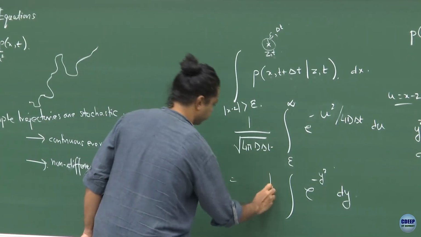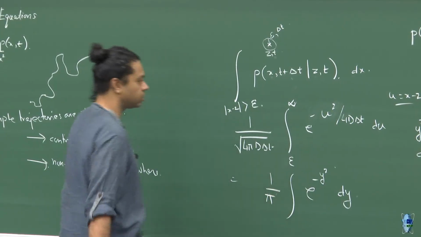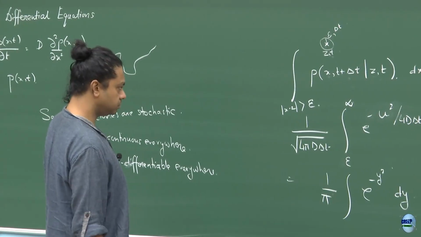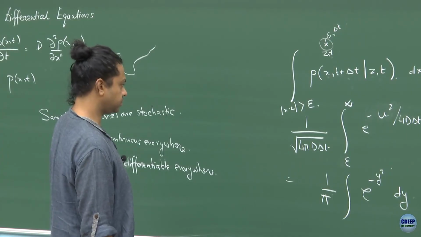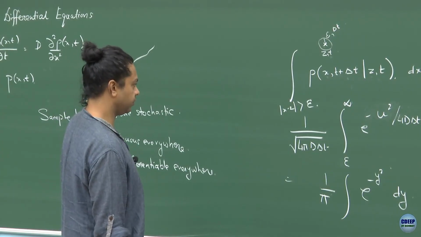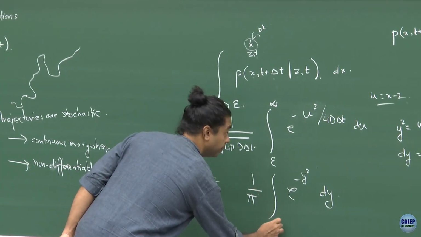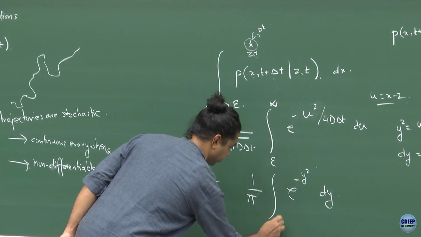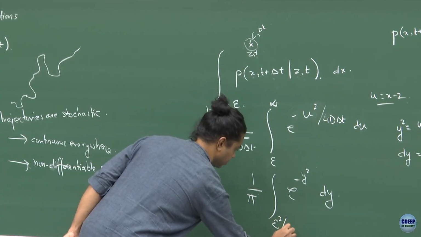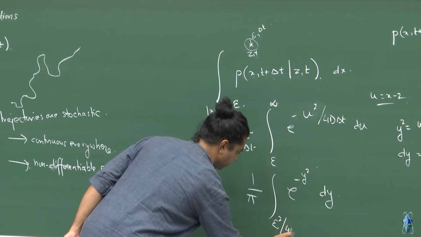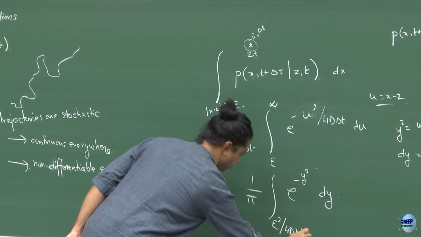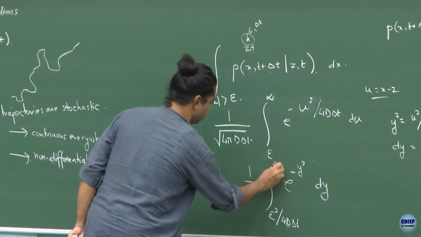I have just a 1 over root pi left, and then this is u was epsilon squared by 4 d delta t to infinity.